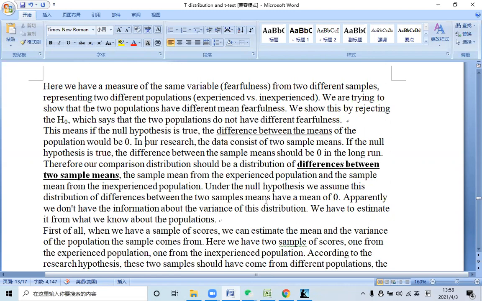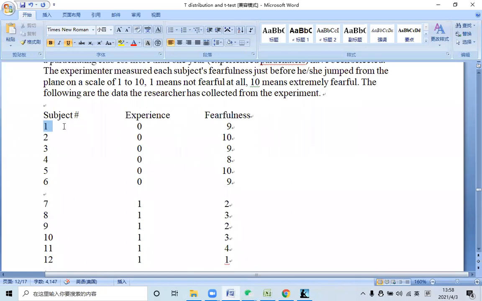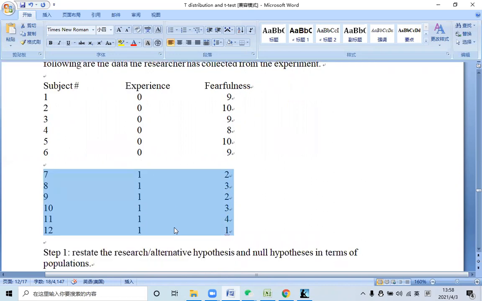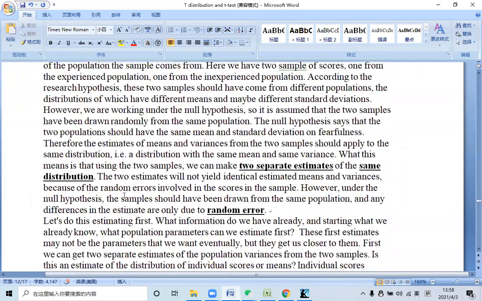And we're using the difference between two samples, two sample means. We can get the mean of the experienced people and the mean of the inexperienced people and calculate the difference. Is the difference equal to 0 or is it far from 0? That's what we are looking for.